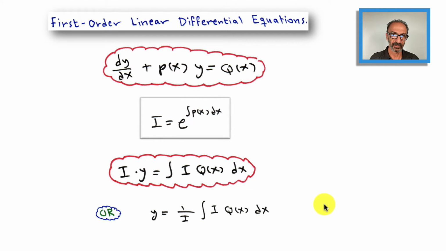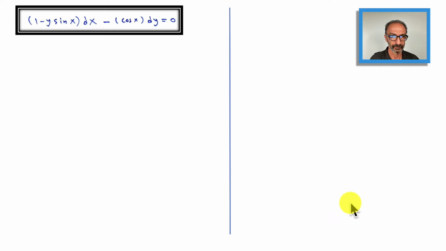Here's my second example. We're going to start: (1 minus y) multiplied by sine x dx minus cosine x dy equals 0. So it's not written in the way we like. We need dy/dx. We need to see the first derivative.